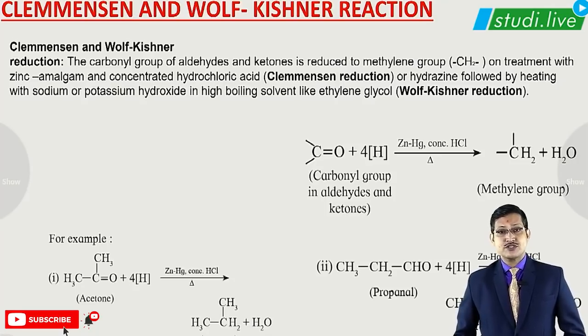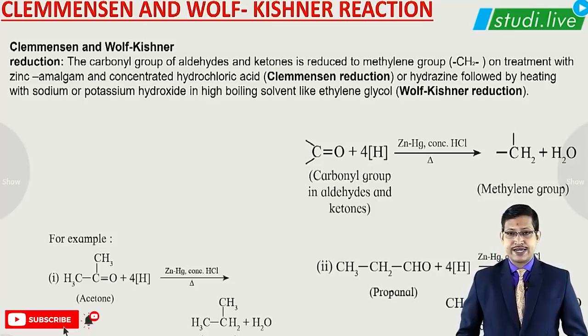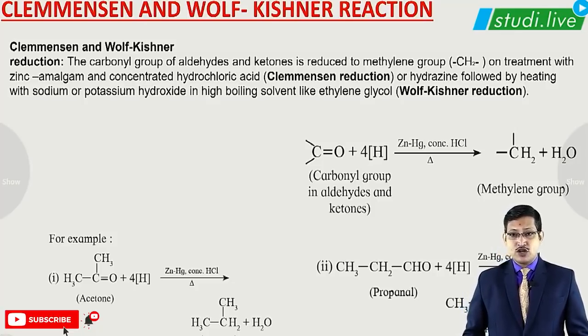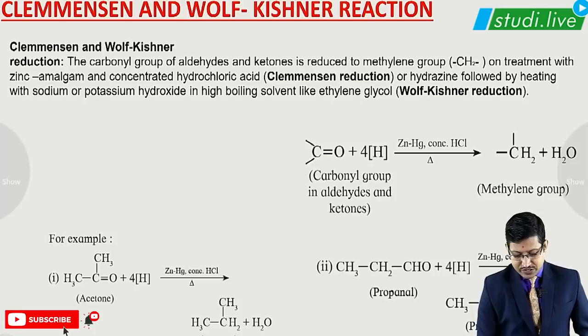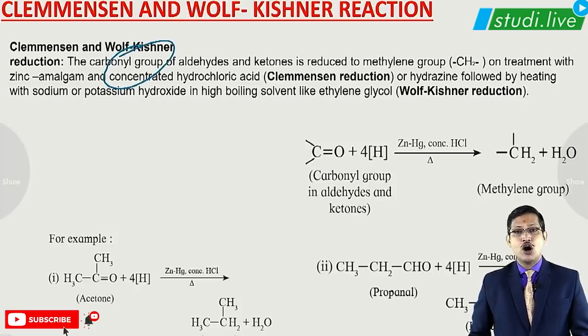The next reactions are the Wolff-Kishner reaction and Clemmensen's reduction reaction. Now basically, what are the Wolff-Kishner and Clemmensen reductions together? This is a reaction wherein the carbonyl group of aldehydes and ketones is reduced to a methylene group.